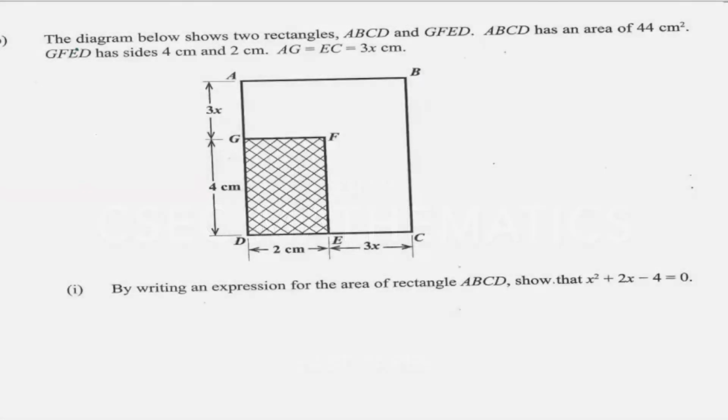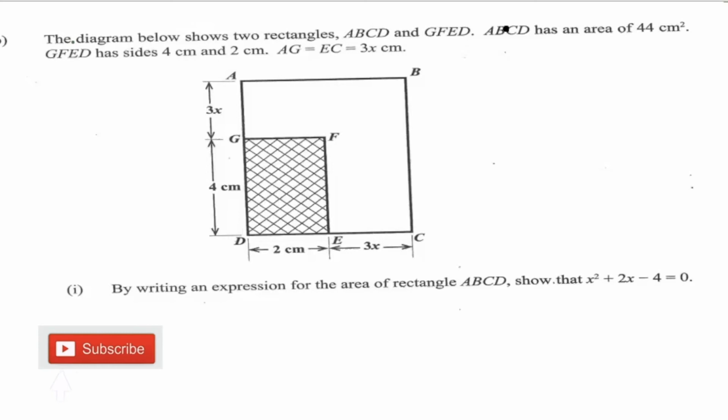Here, this question says the diagram below shows two rectangles, ABCD and GFED.